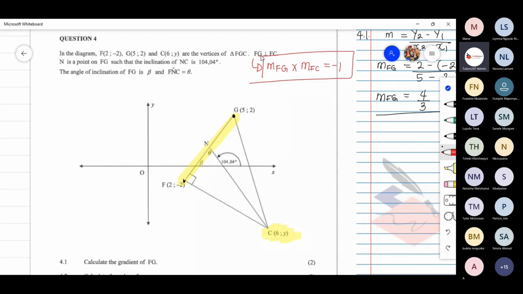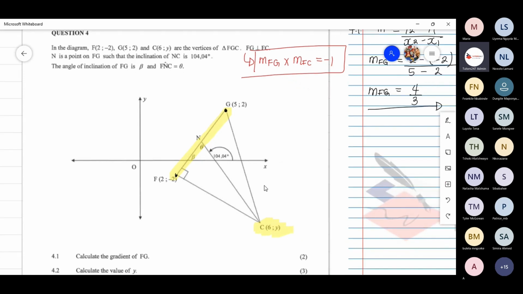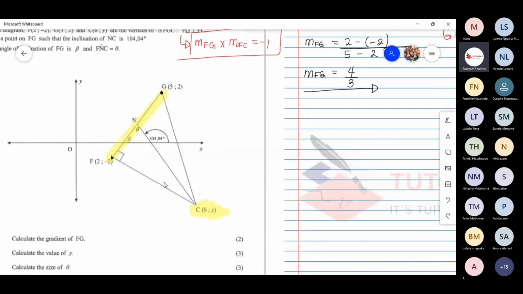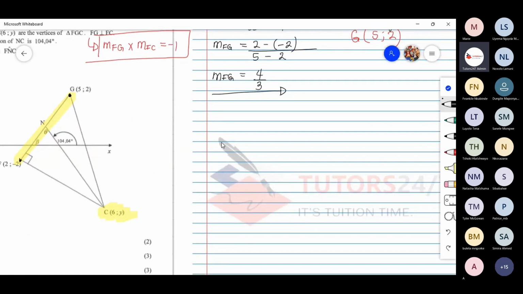And if you notice, C is a point on the line FC. So we can use our properties of gradients to calculate the coordinate. Let us first calculate the gradient of FC. Once we find the gradient of FC, we will use that gradient to calculate the value y. So question 4.2, we have the gradient of FG times the gradient of FC is equal to -1 because FG is perpendicular to FC.